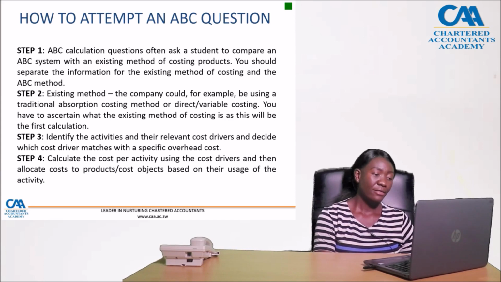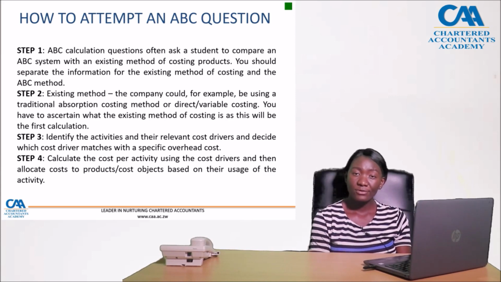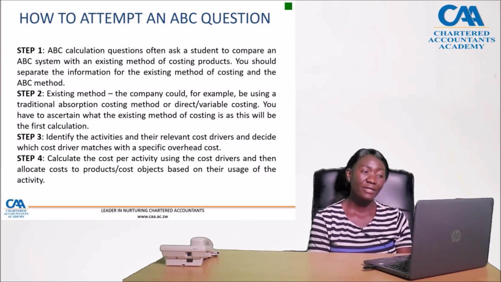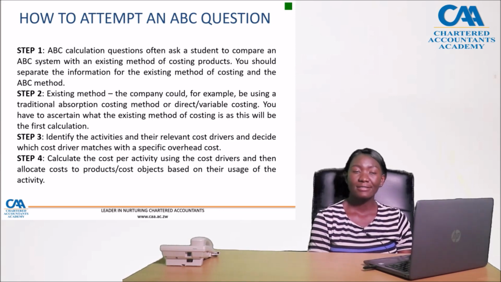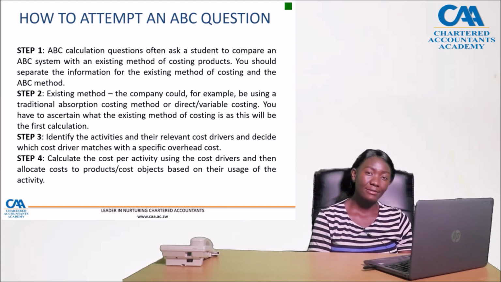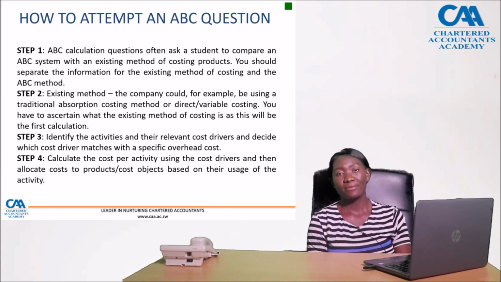I compare the cost under variable costing, under absorption costing, and under activity-based costing. And by comparing, it means I can be able to critically evaluate if I'm to implement an ABC costing system, what is the impact from my current existing method moving to ABC.